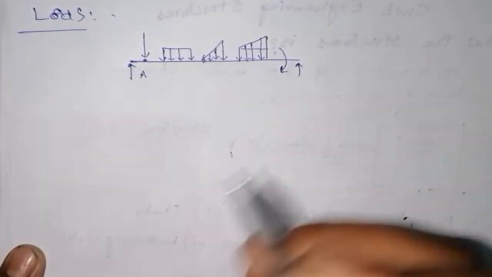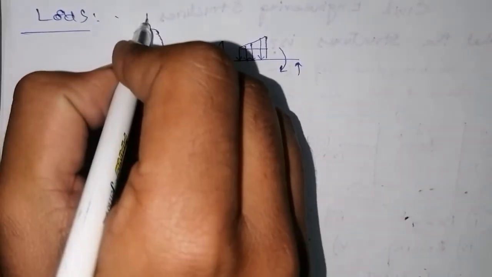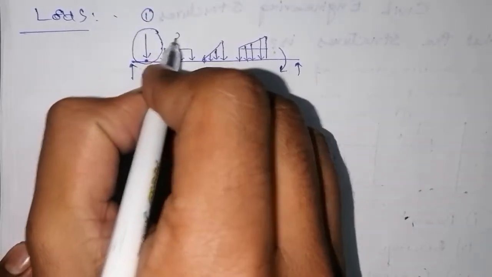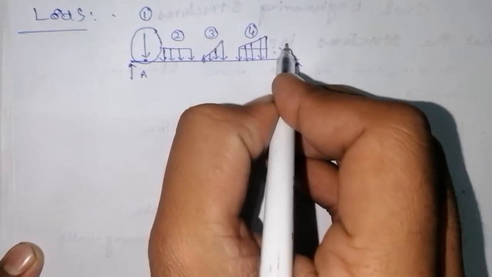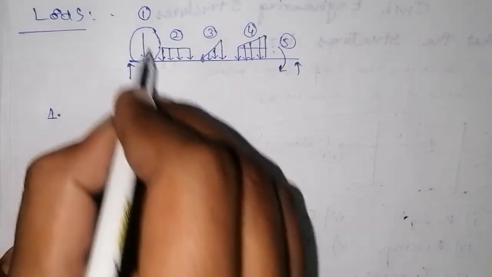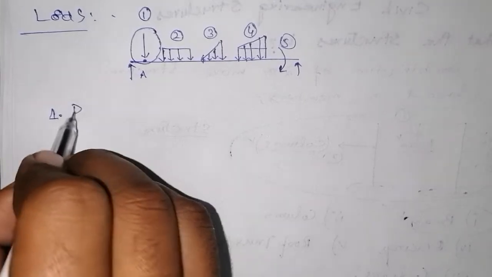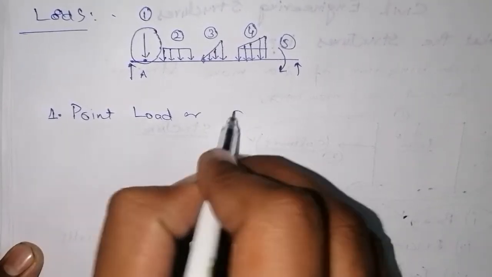So one by one we will classify these loads. This one we will call load number 1. This is load number 2, 3, 4 and 5. At number 1 we have point load or concentrated load.